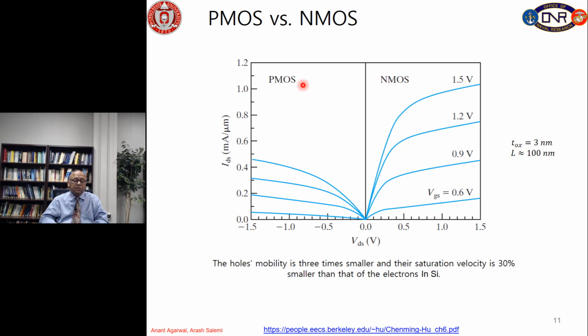In power devices, we have not used the PMOS transistors because the hole mobility is less than the electron mobility, and therefore, the power PMOS transistors are not widely used.